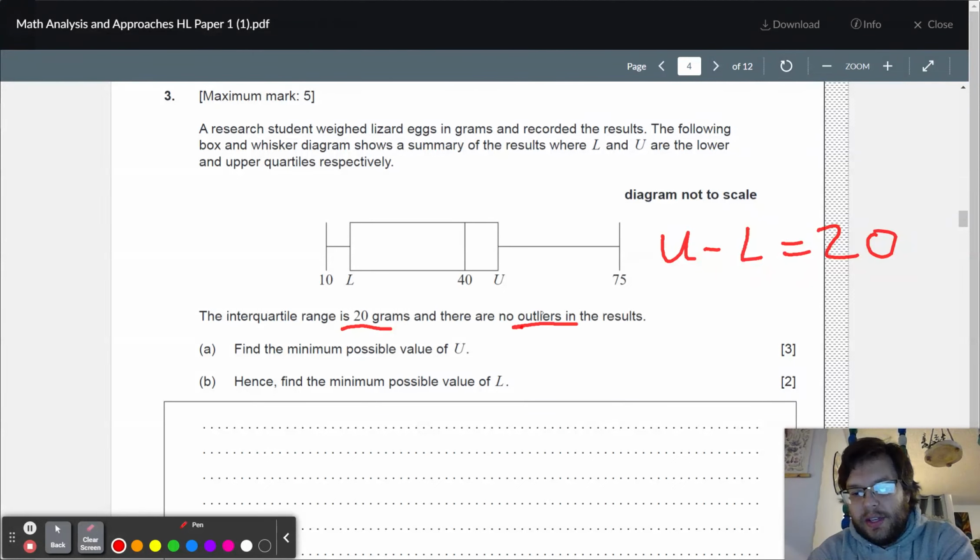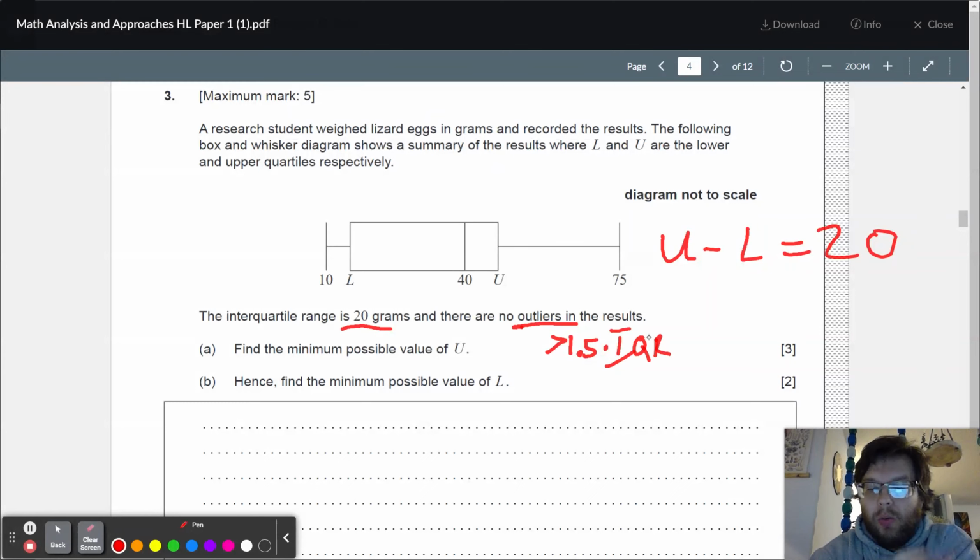Well, the definition that the IB uses for an outlier is more than 1.5 times the IQR away from the quartiles. And so what that means is that you add 1.5 IQR to the upper quartile and you subtract it from the lower quartile.